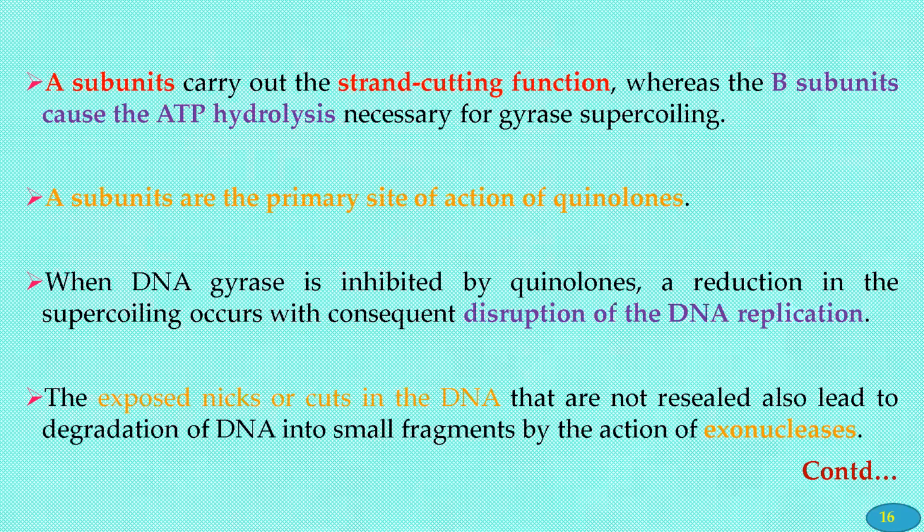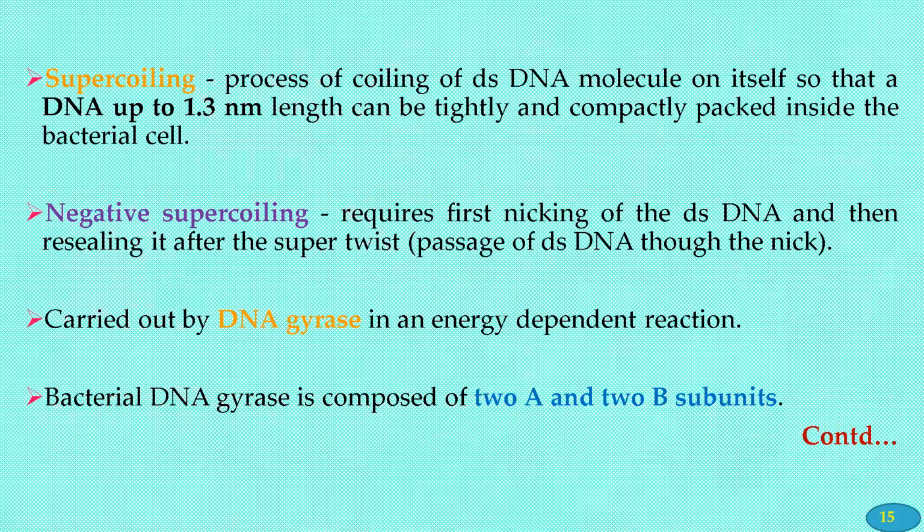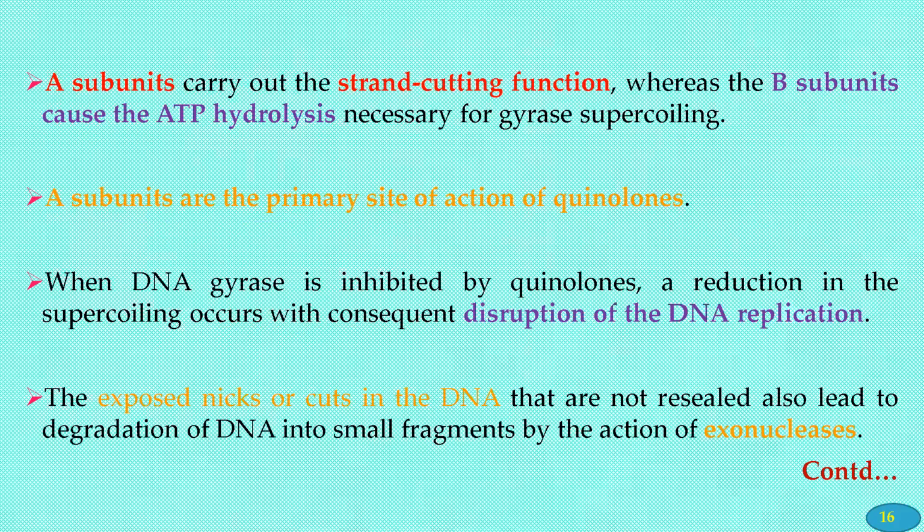So the A subunits are the primary site of action of the quinolones. These are very much required for the strand cutting function of the DNA gyrase, whereas the B subunits cause the ATP hydrolysis.